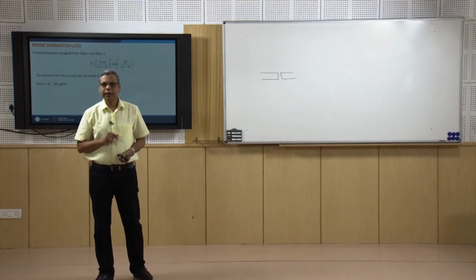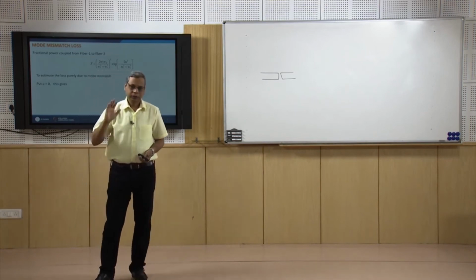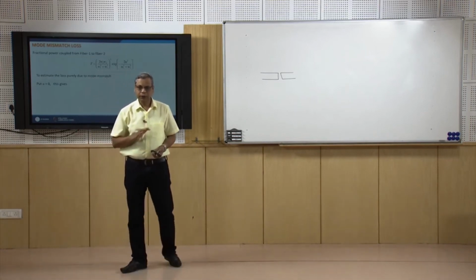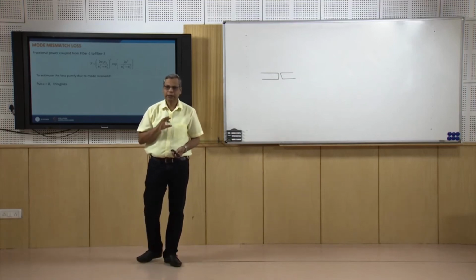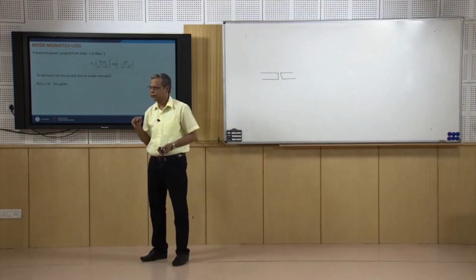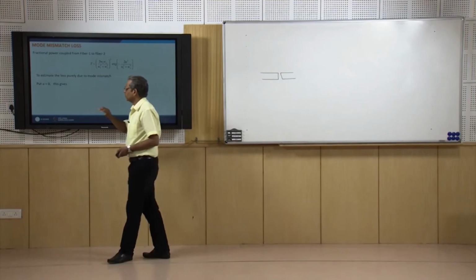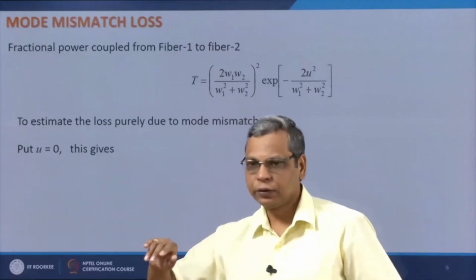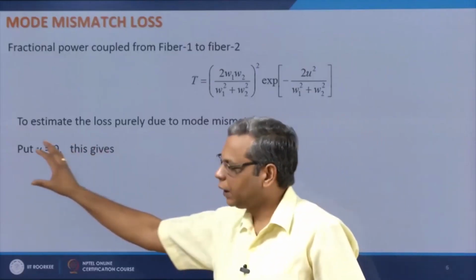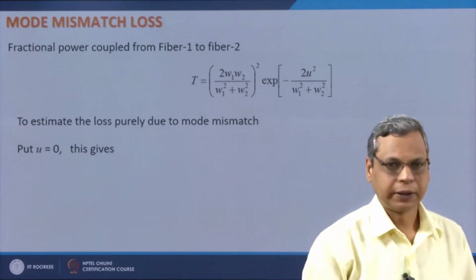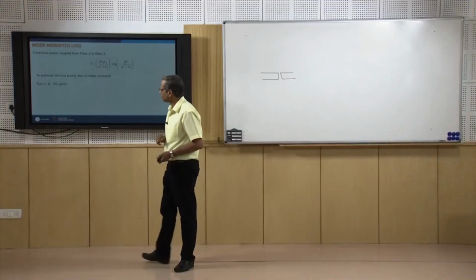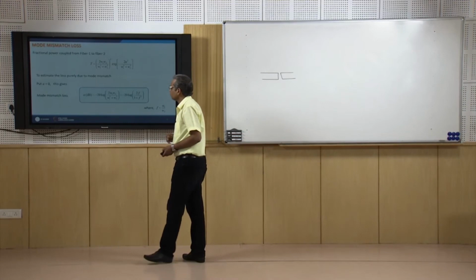In order to get this loss, which is known as mode mismatch loss, which is purely due to mismatch in the modes of two fibers, I should put U is equal to 0, so as to remove any contribution from transverse misalignment.